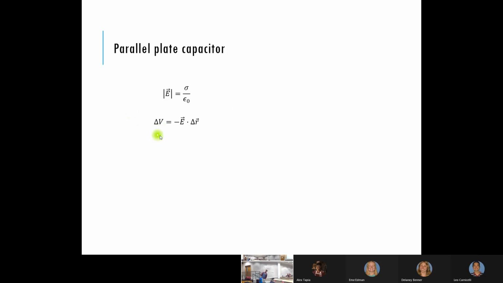So the change in potential, we could write it as the magnitude of the electric field times the plate separation. So I'll just write that in. And for this bottom equation, all I've done is take the definition of the electric field for a parallel plate capacitor and substitute it in for the magnitude of the electric field.